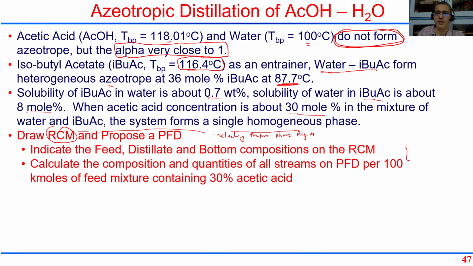And as usual, indicate the distillation columns on the RCM and calculate the compositions and the quantities of all streams. That's as usual. Pause the video, do it for yourself. Don't go forward unless you have done it for yourself.